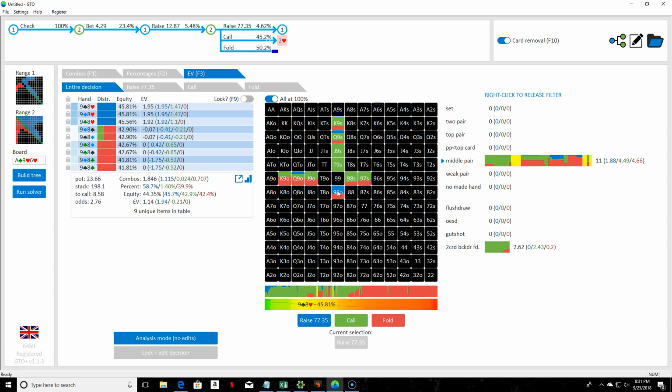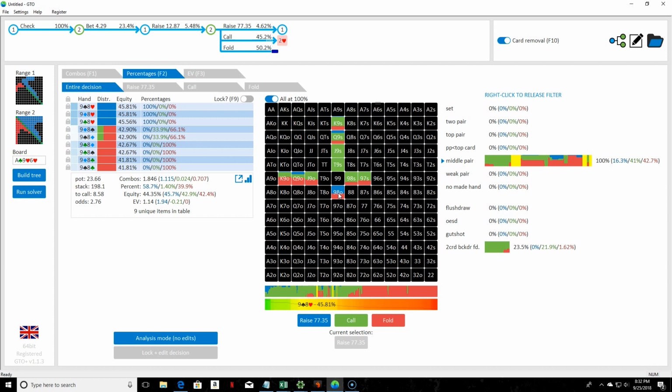The 9-8, interestingly enough, actually, if you look at the percentages, 9-8 with a heart should be a shove. 9-8 offsuit. That is quite interesting.